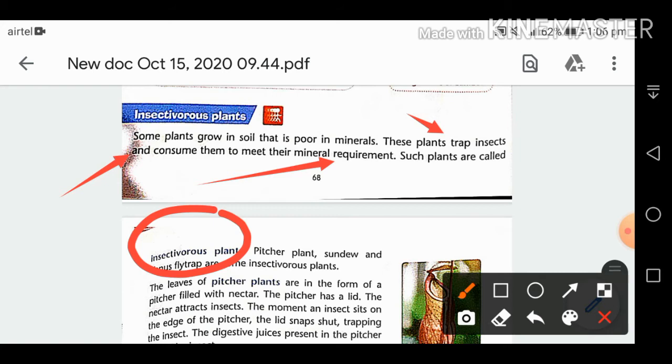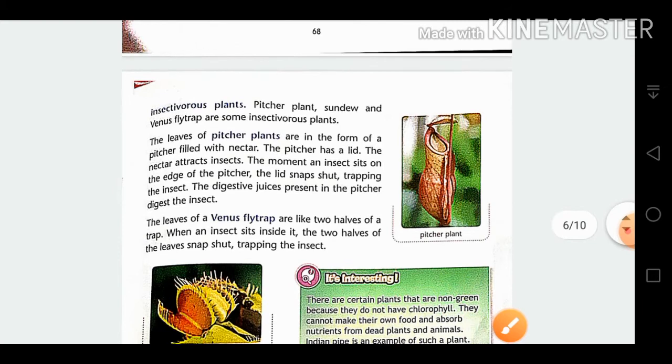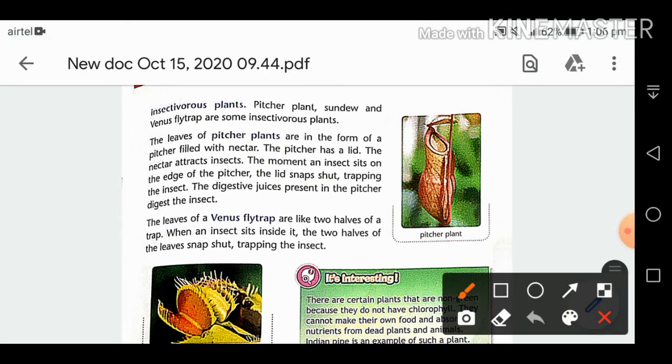Now we will learn some types of insectivorous plants. There are two main ones. One is the pitcher plant. This is the picture of the pitcher plant, and this is the Venus flytrap. Now what happens in the pitcher plant? The pitcher plant has a lid, and nectar is filled in the pitcher. The shape of the leaf is that of a pitcher.